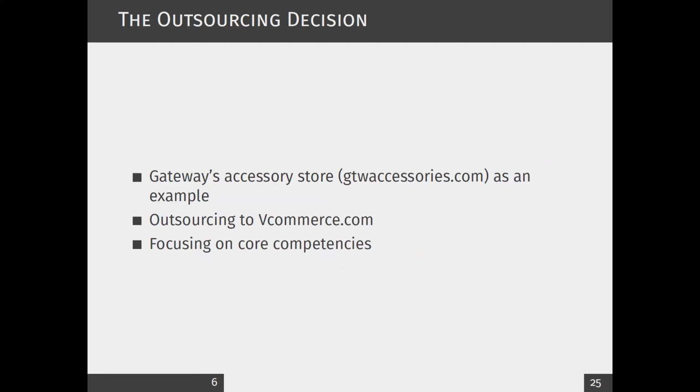Now, there are a couple of examples from this book. Let me briefly talk about how people have decided on outsourcing. In this case, the Gateway accessory store is an example from the book, where they had an electronic accessory business, an e-business, right?